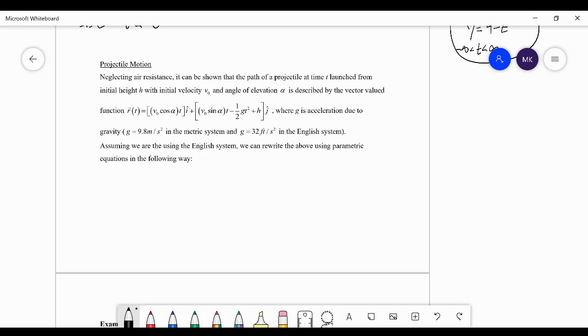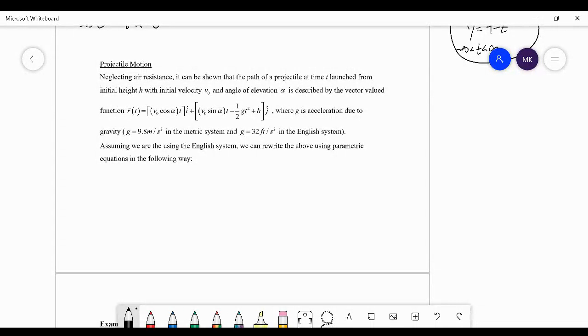Basically, you take the coefficient of the i and the coefficient of the j, and those become your x and y parametric equations. Okay. So g here is the acceleration due to gravity, which, depending on which system you're dealing with, is either 9.8 meters per second squared, if we're talking about the metric system, or it's 32 feet per second squared, if we're talking English system. So our good old fashioned miles and feet, right?